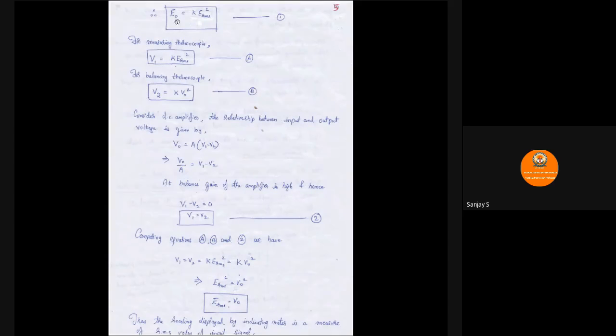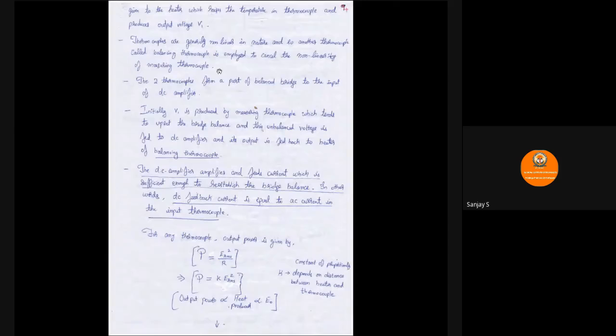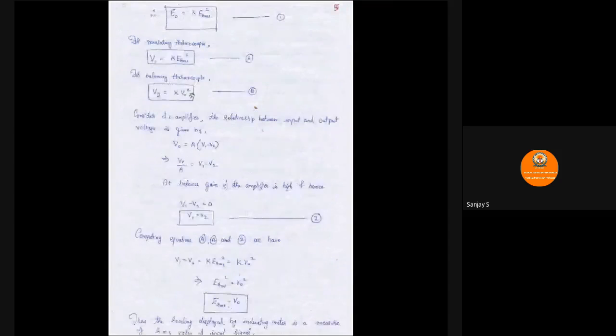So E0 will be equal to K times E_RMS squared. This is equation number 1. This is because power is proportional to output voltage, so we can directly write E0 equals K times E_RMS squared.